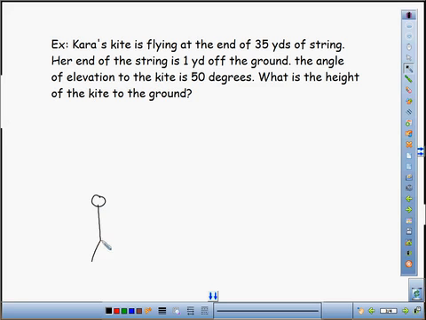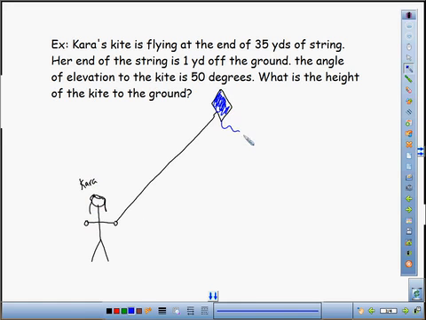So here's Kara. And Kara is flying a kite. Let's make it a pretty color. I like colors. Alright, so we've got Kara and she's flying her pretty little kite up here, blowing in the breeze.